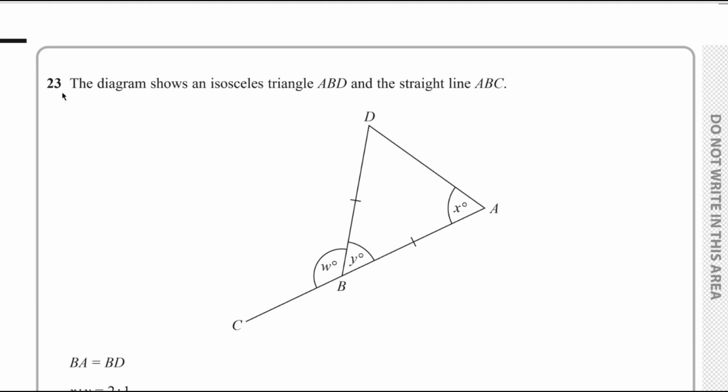Question number 23. The diagram shows an isosceles triangle ABD and the straight line ABC.